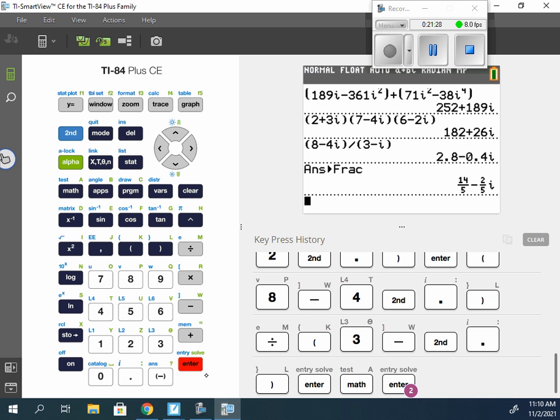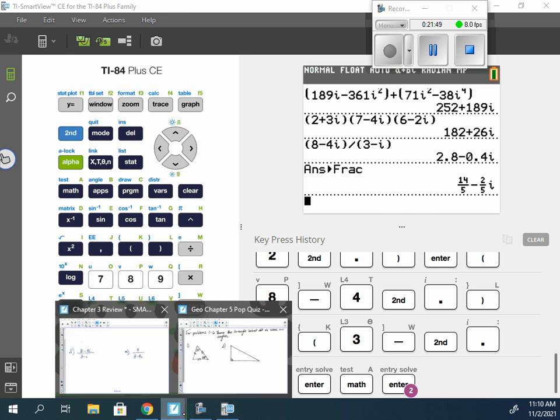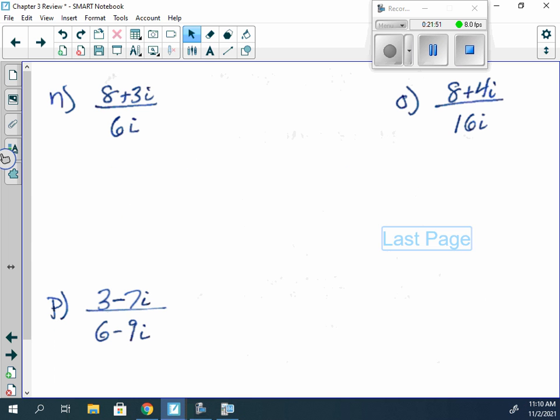Any other questions on this here? Any other questions with division? We feel good with dividing these here.